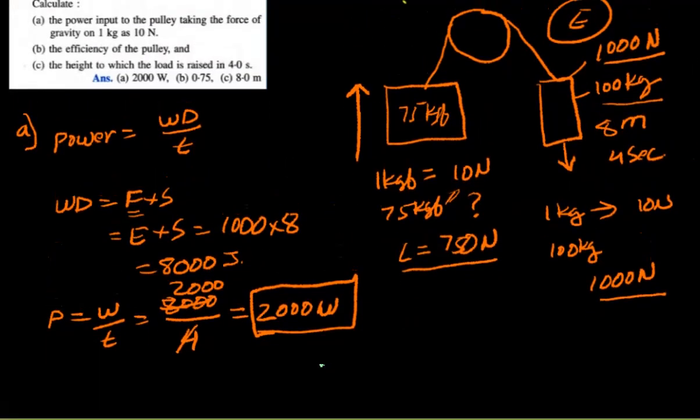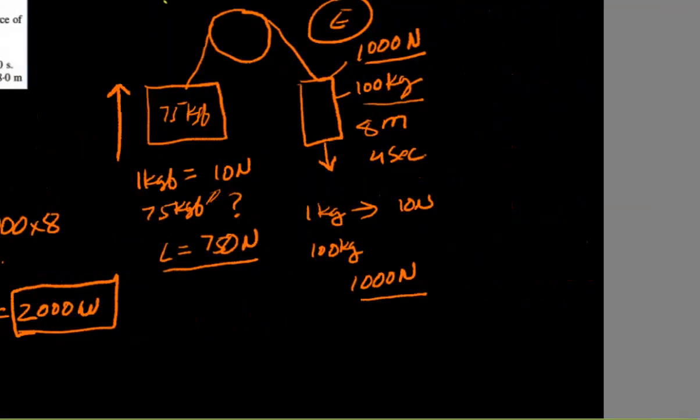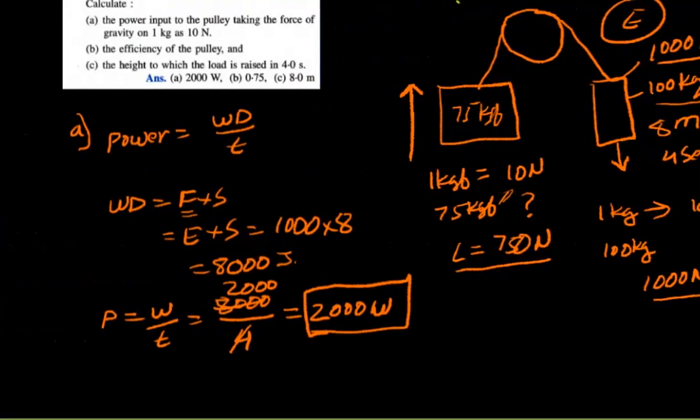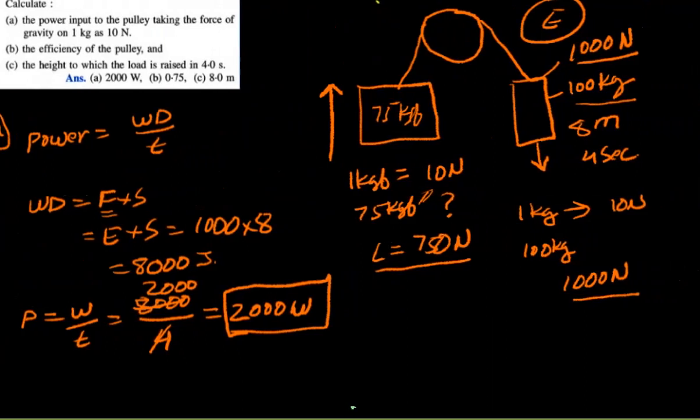Now, we already know the formula. Efficiency equals mechanical advantage upon velocity ratio. Efficiency equals MA upon VR. So let's try to find what is the mechanical advantage for the system.